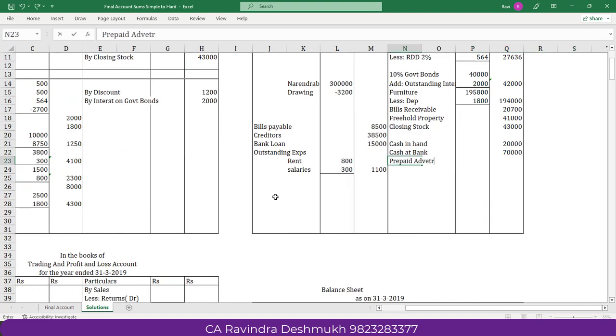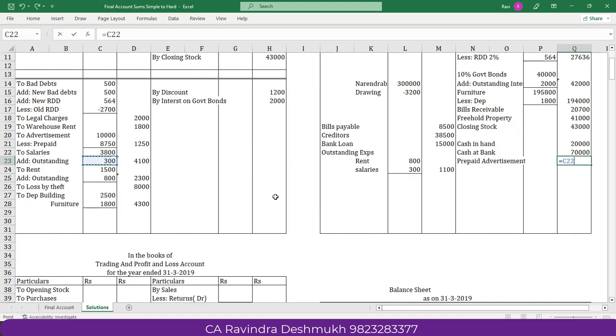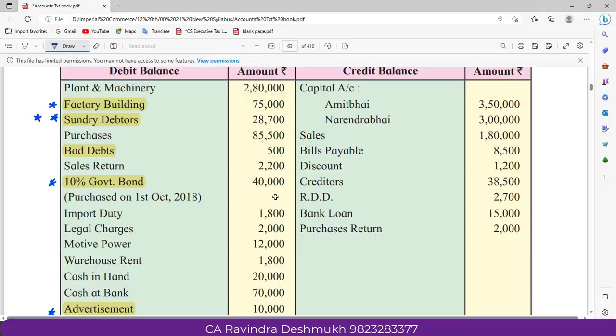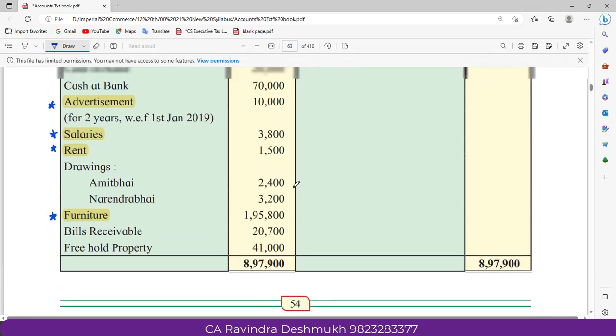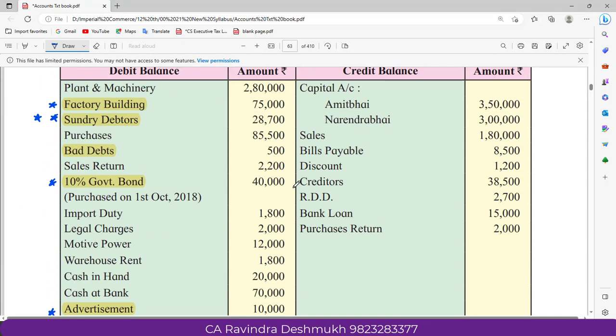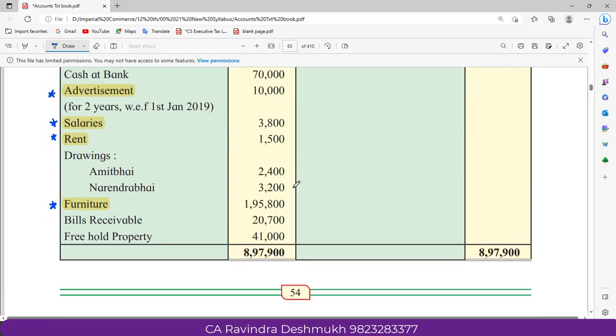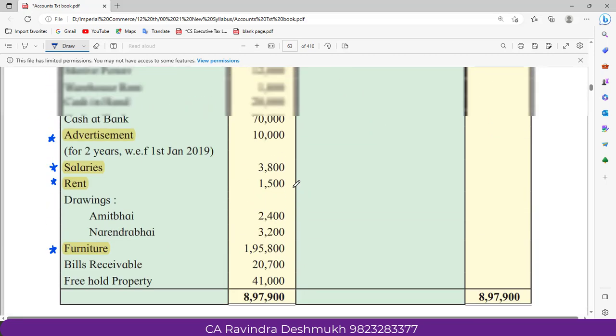So prepaid advertisement, the second effect will be given over here: $8,750. I hope you have got it. Yes, posting over, given adjustments over, hidden adjustments over.